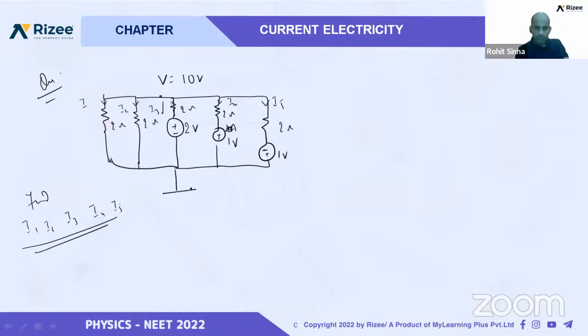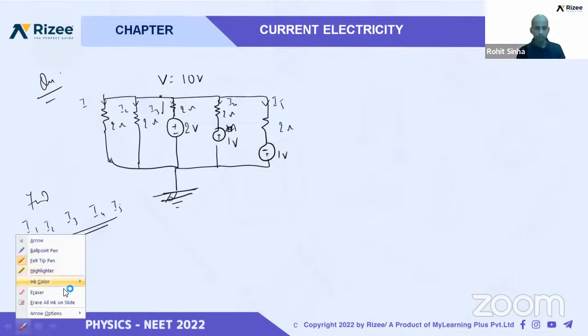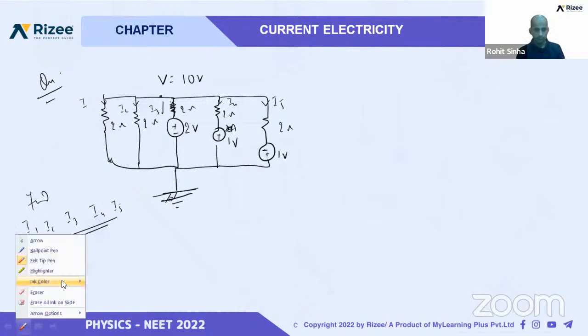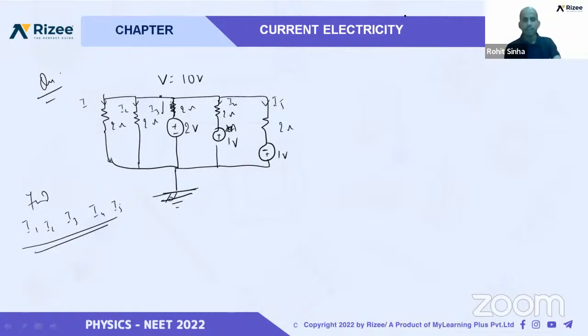It is given that earthing is provided here. All of you try. Any answer? Ten seconds time. Try this question. Any answer came?